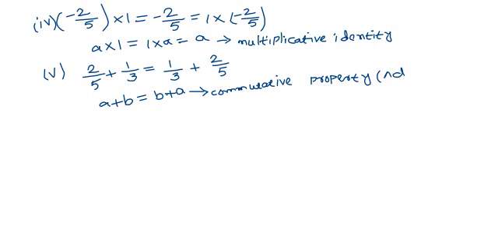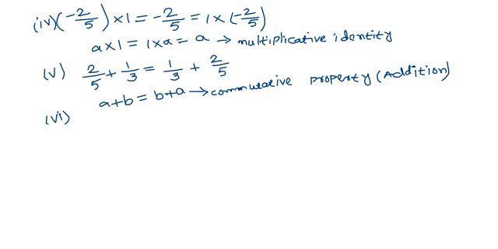Now the sixth one. What was the sixth one? 5 by 2 into 3 by 7 is equal to how much? 15 by 14, right?